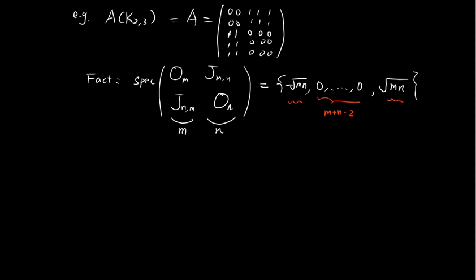If you want to know the last 2 eigenvalues, then you can calculate the trace. The trace is equal to 0, so the eigenvalues have a sum equal to 0. You can also calculate the trace of A squared. Then you can get M times N. But just forget about that at this point. Let's look at a concrete example.